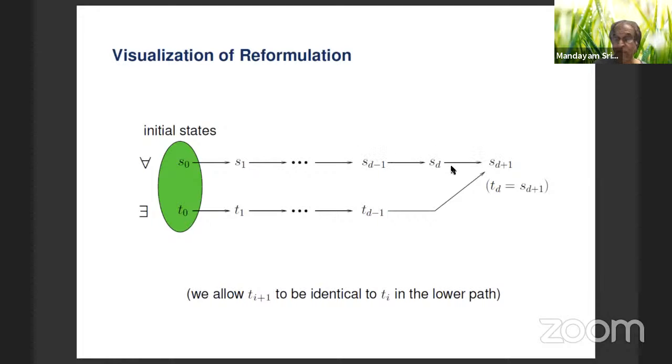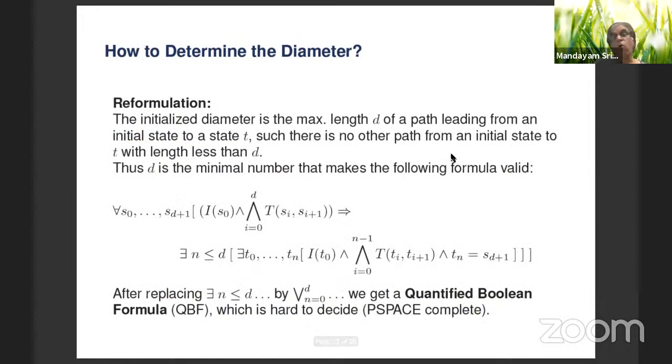It is the maximal of all those paths, which you can express as a quantified Boolean formula of this kind. This will be like a search, expressed as the non-existence of shorter paths.